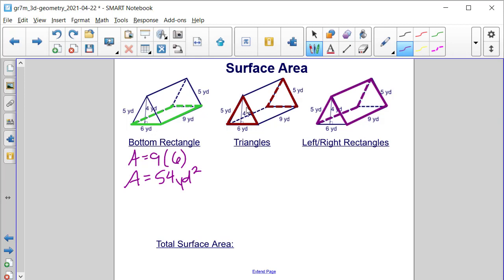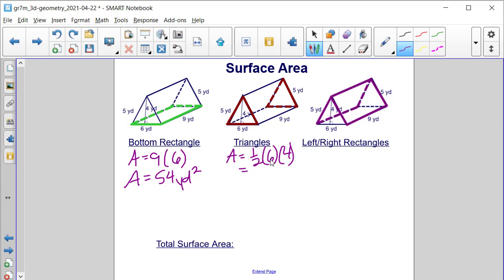Now we have 2 triangles, the front and the back. They are both equivalent to one another. So we're going to find the area of one of them and then multiply it by 2, since there are 2 triangles that have that equivalent area. So we have 1/2, the base is 6 yards, and the height is 4 yards.